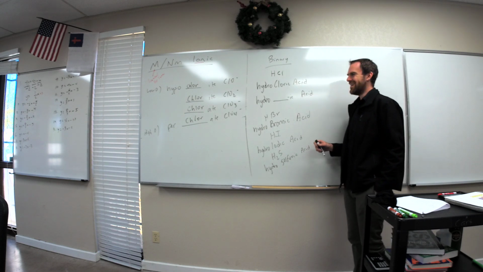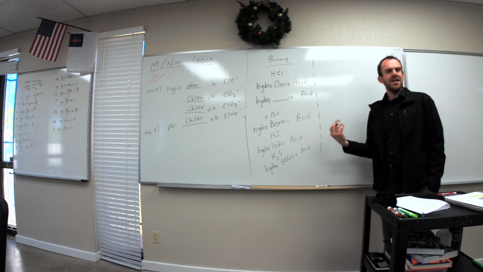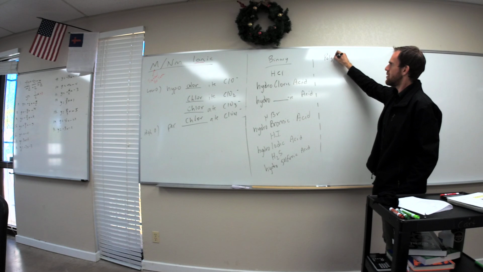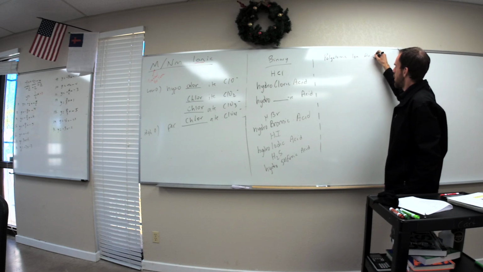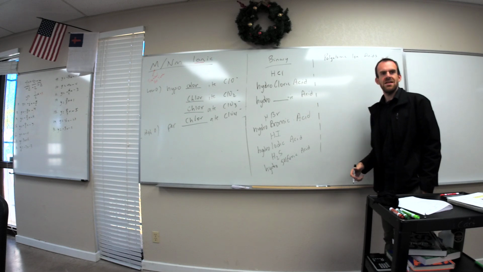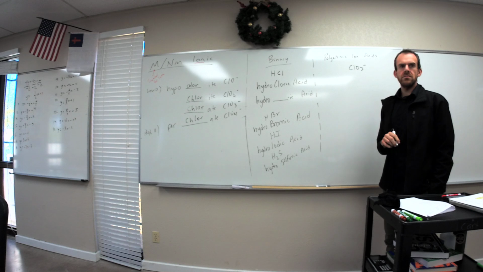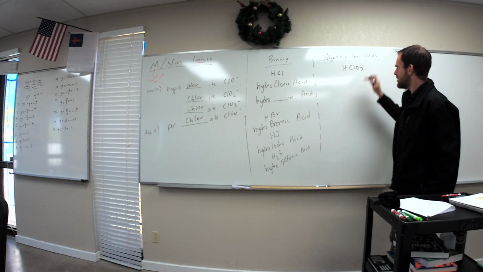Okay, the other one is when you have an acid that includes a polyatomic ion. So let's take our favorite, chlorate. If we make an acid with that, we will see an H in front.